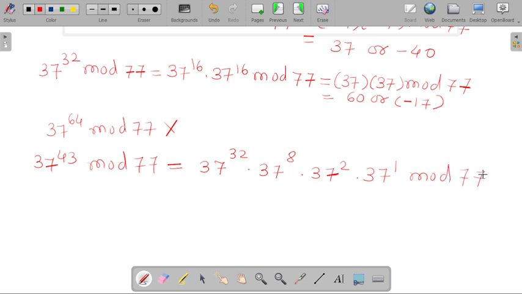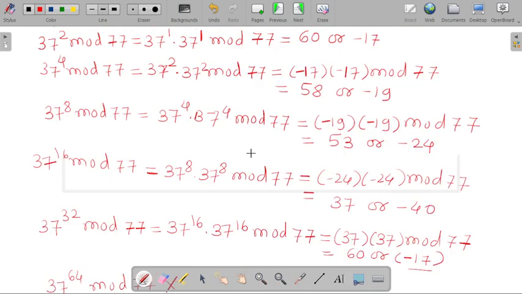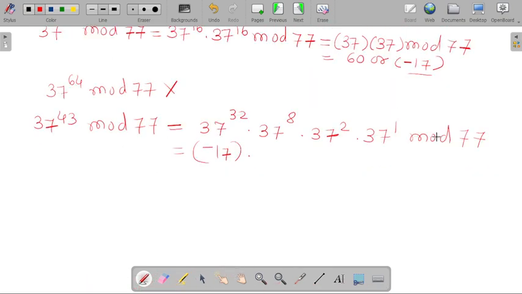So we have to check the value of 37 raised to 32. So 37 raised to 32 is minus 17, we can write here. For 37 raised to 8, we have to check the value. So 37 raised to 8 is either 53 or minus 24, so we can write here minus 24.